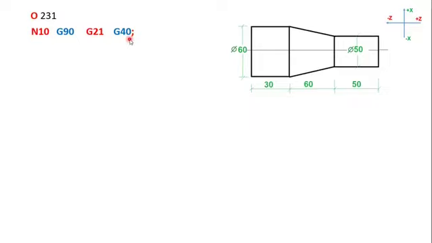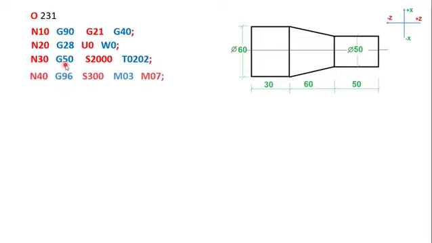Then G28 U0 W0, that is the machine coordinate system. Then G50 S2000 T0202. T02 is the second tool we are taking from the turret, and 02 is the offset. G50 sets the maximum spindle speed of 2000 RPM, so the spindle cannot rotate more than 2000 RPM.